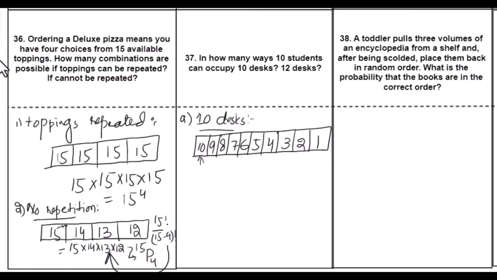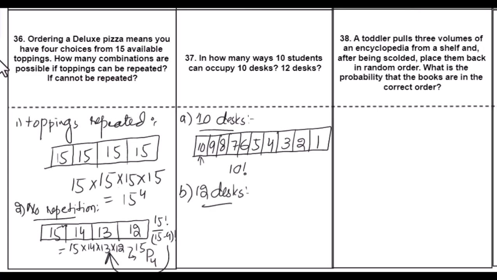Then I will have 8, then 7, and the number of choices keeps decreasing, and at the end I will get one student whose only choice is to occupy the last seat. So this is 10 factorial, that 10 students have to occupy the 10 seats.